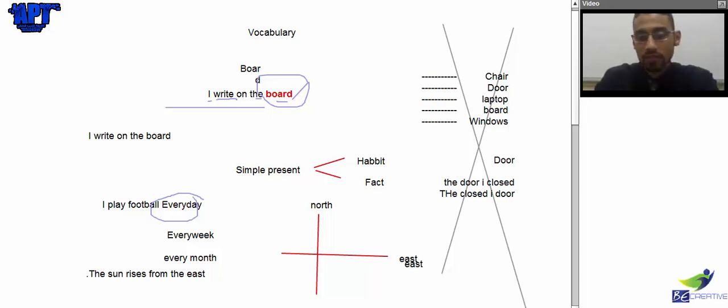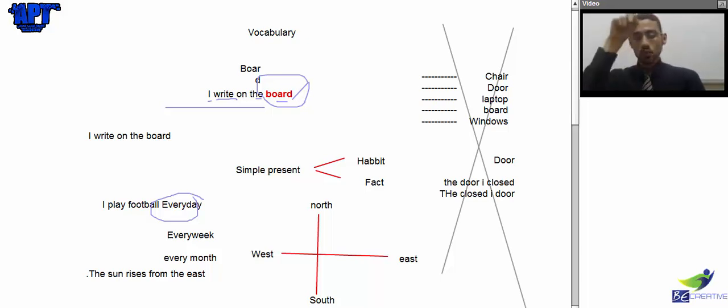We have north, south, east, and west. These are the directions.